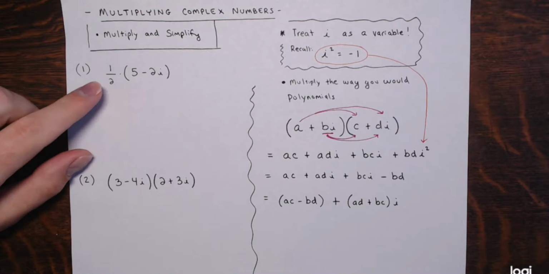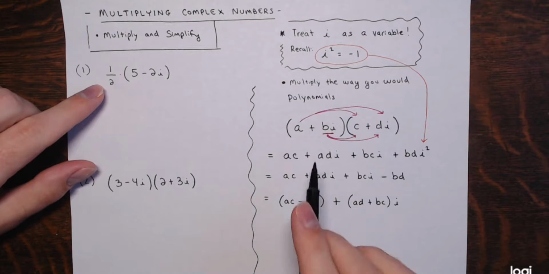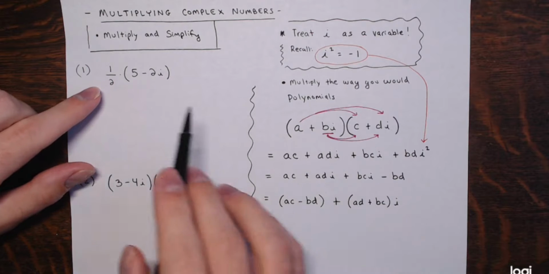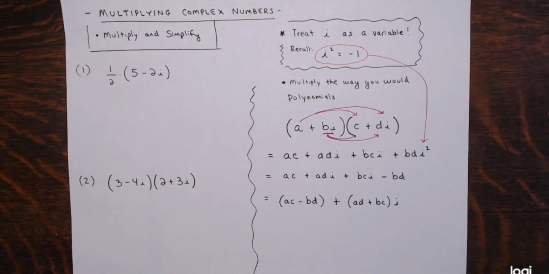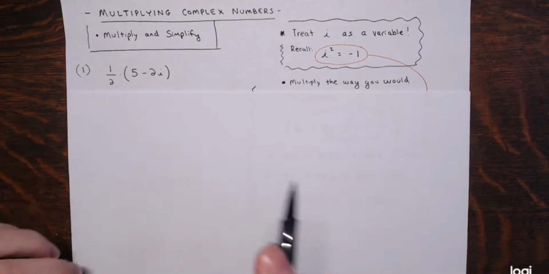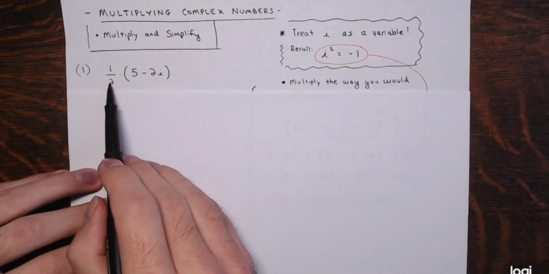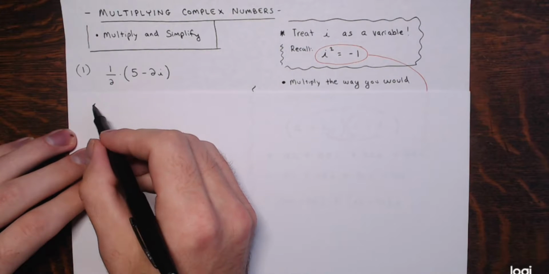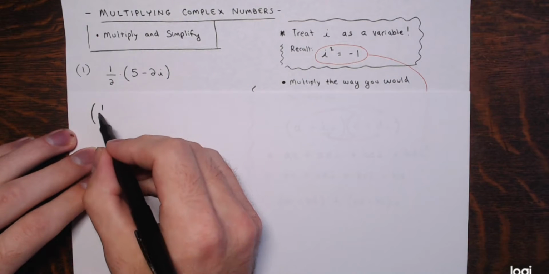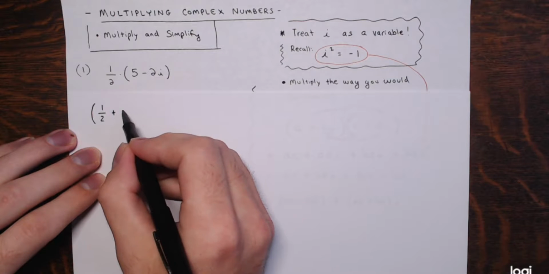All right, now for this first example, I know it doesn't look like this, but it technically is. Now I'm not gonna foil this, but example 1, you have 1/2, which you could think of as 1/2 plus 0i.